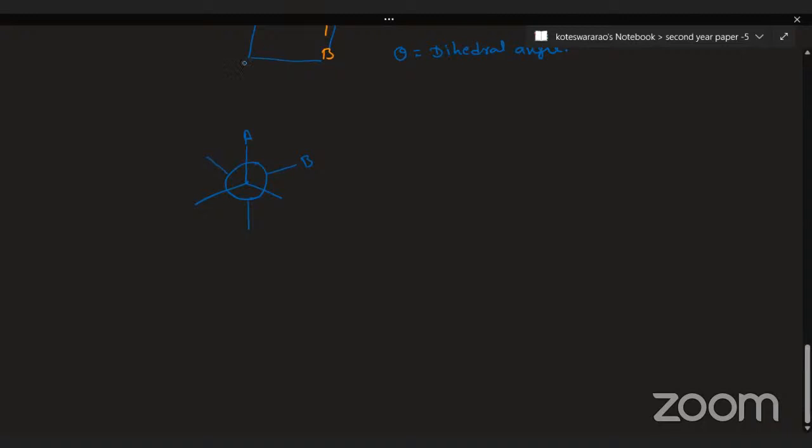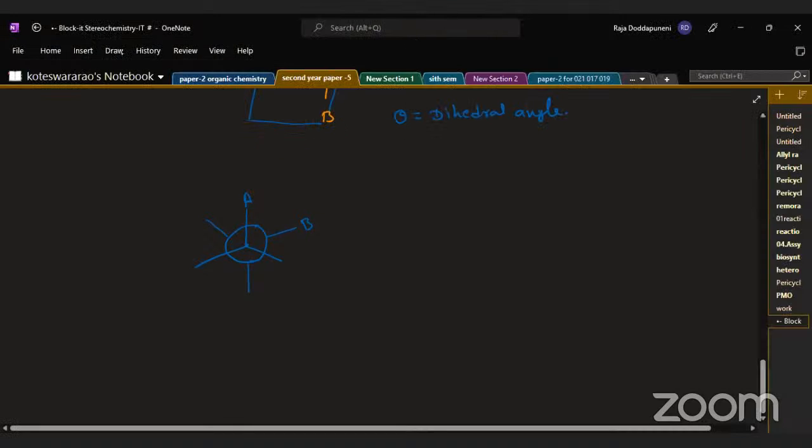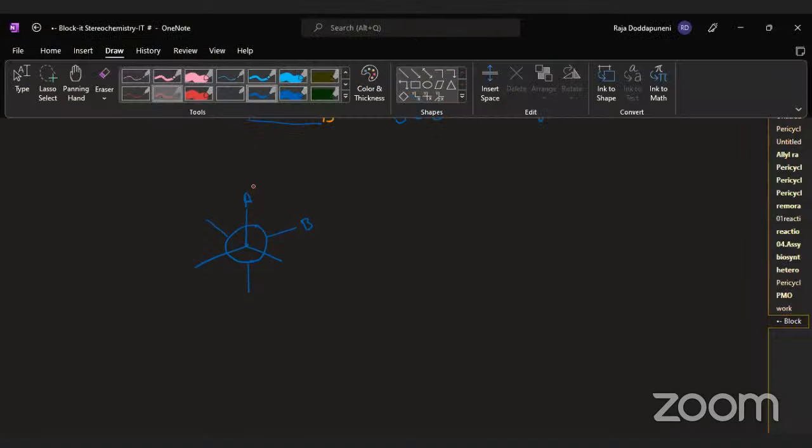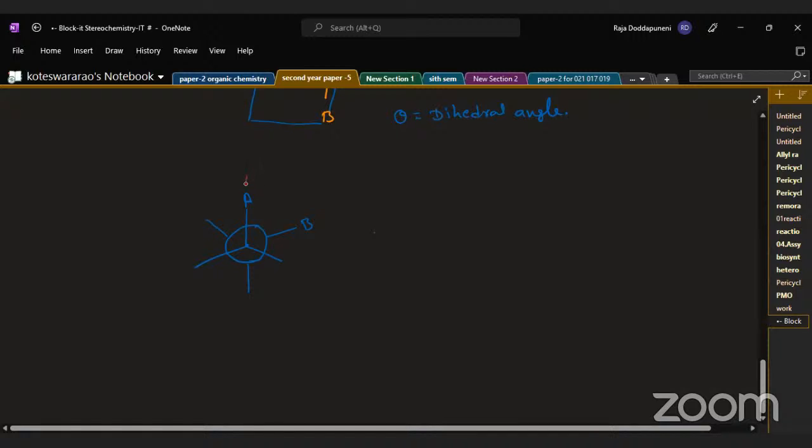Now, I am showing the planes here, how the planes are arranged. This is one plane which is passing through the carbon A. The second plane is passing through, look at here.